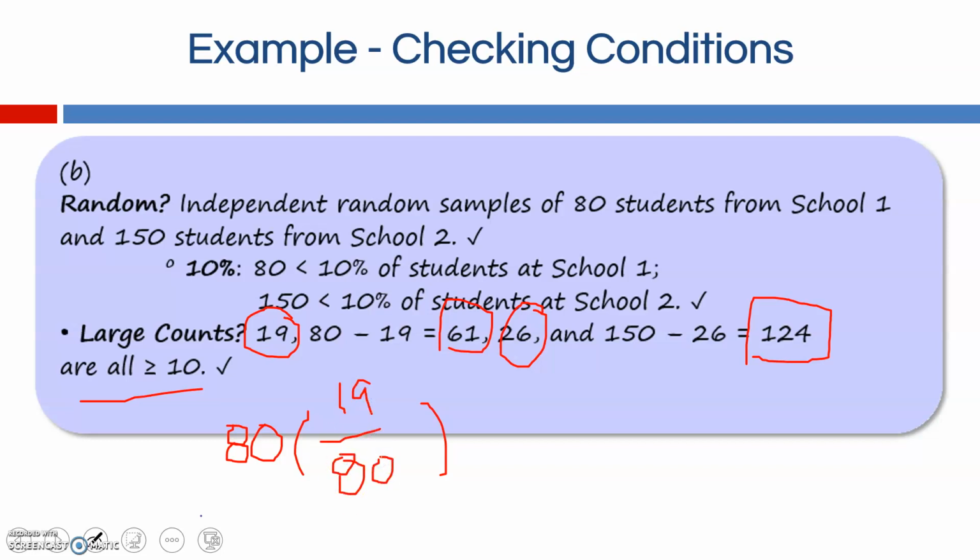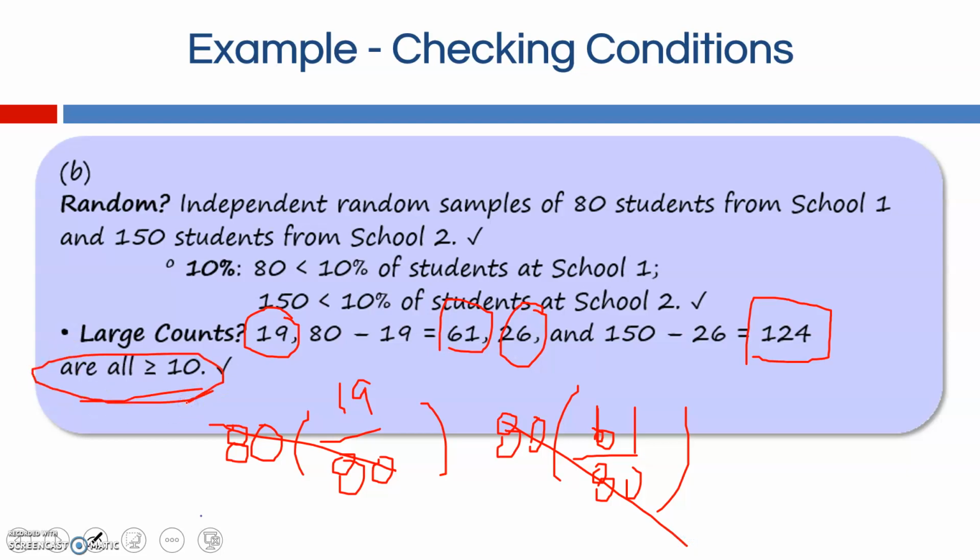But given that form, you could see that cancels out. But the point is we can just go with the counts and we are all clear, all greater than or equal to 10.